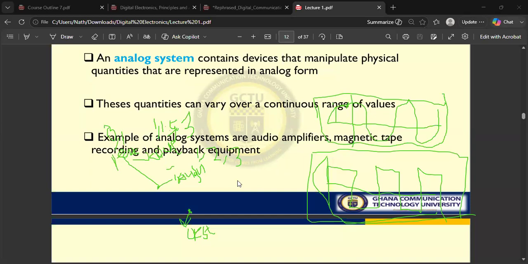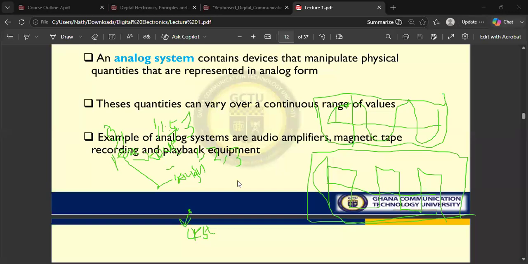And then they are also cheaper, less expensive compared to analog systems. Take an integrated circuit, IC, a small component on a small printed circuit board, and you get your digital system.